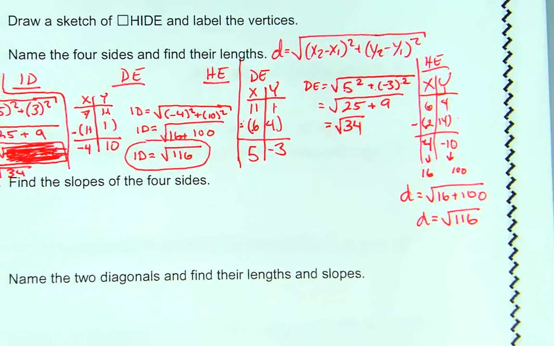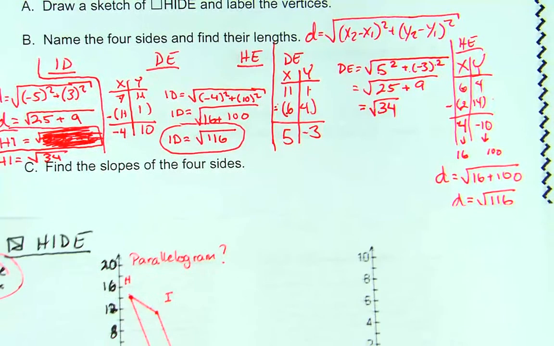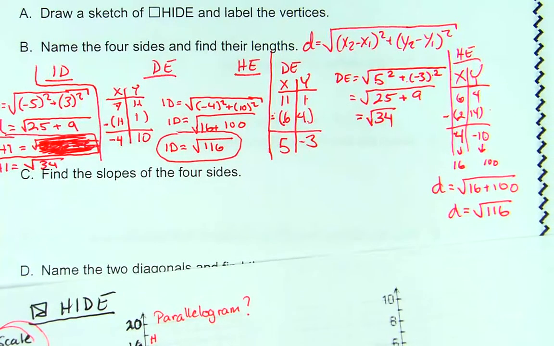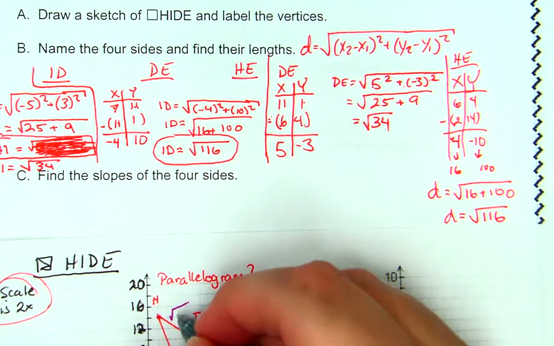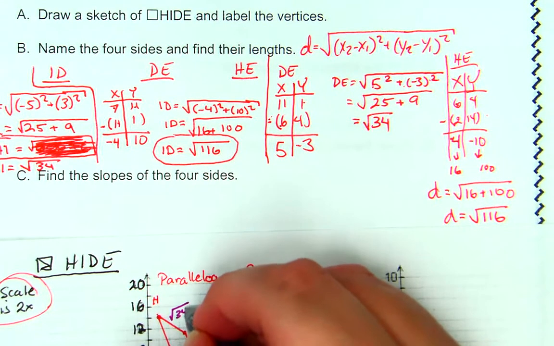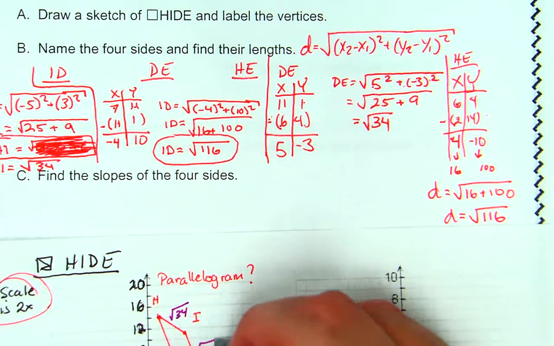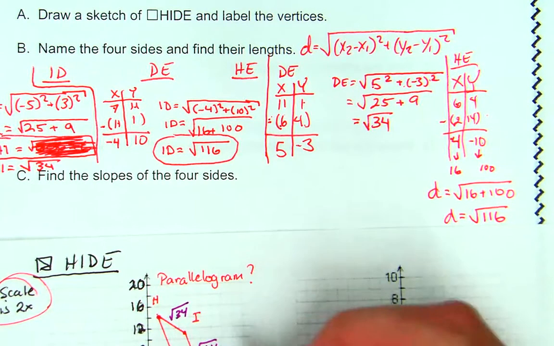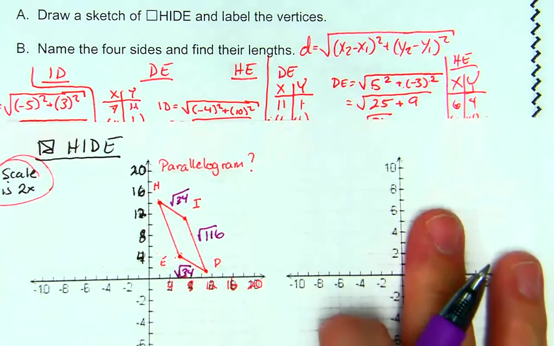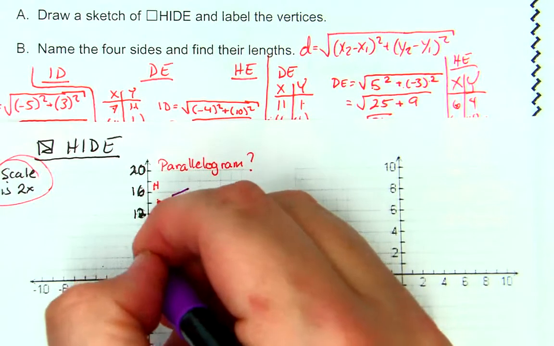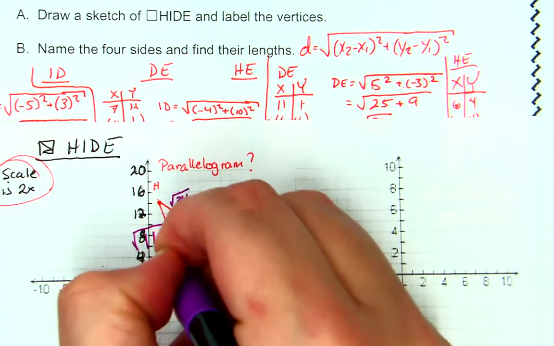Now, if you want to go back into the picture, HI was the square root of 34, ID was the square root of 116, DE was the square root of 34, and HE was the square root of 116.